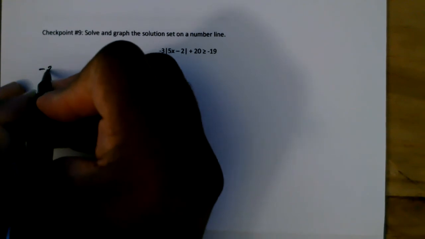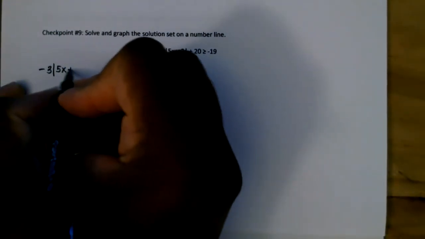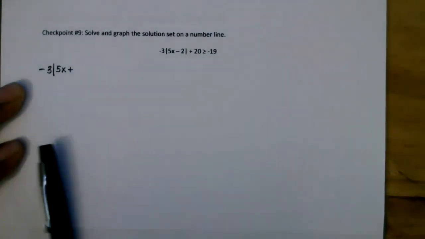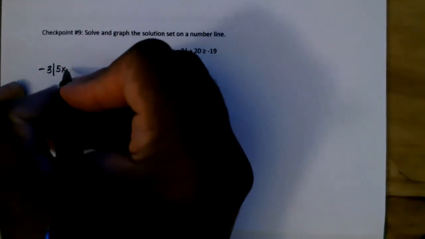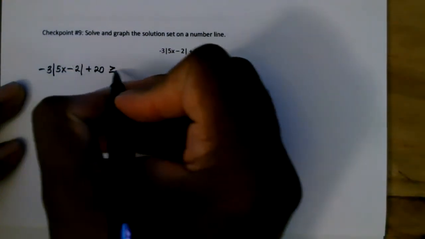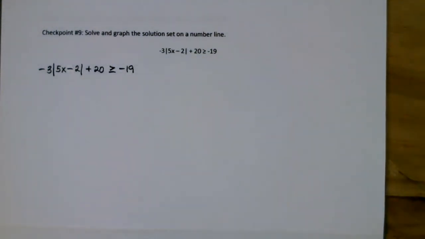So the first thing I'm going to do is copy this over. Should be 5x minus 2, plus 20 is greater than or equal to -19. Now, the first thing I need to do is isolate that absolute value.